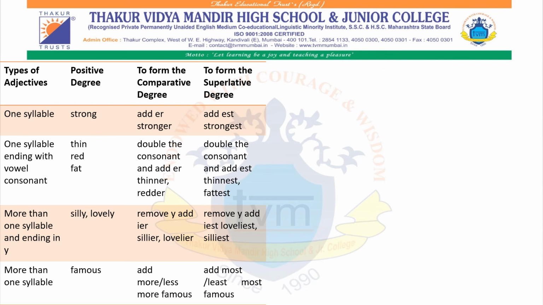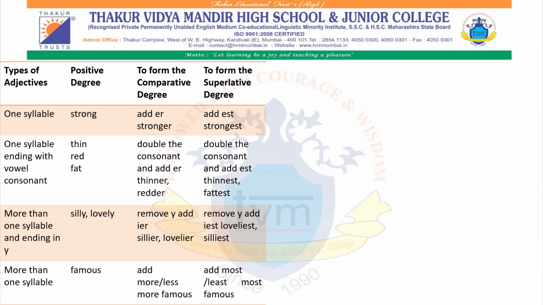If the adjective is of one syllable and ends with a vowel and consonant, such as thin, red, fat, then for comparative, double the consonant and add er. For superlative, double the consonant and add est.